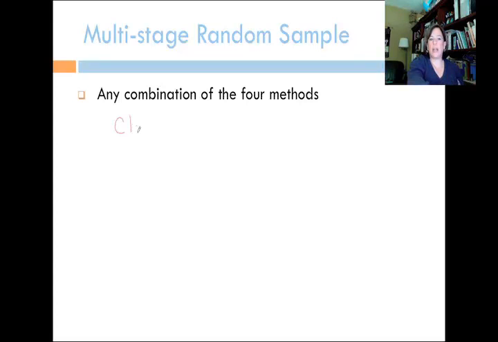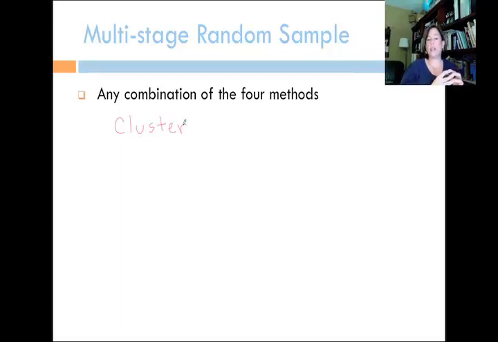So let's say I want to understand the behavior of graduating seniors in the college's service area. Graduating high school seniors in the college's service area, because I want to survey them about their potential plans for post-secondary education. And I want a random sample.